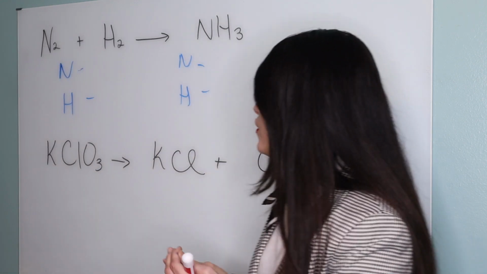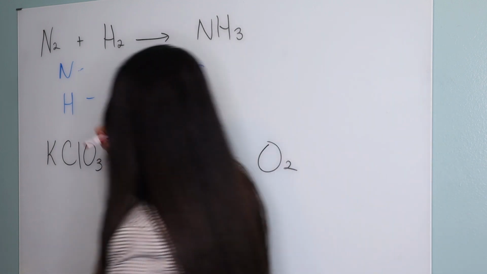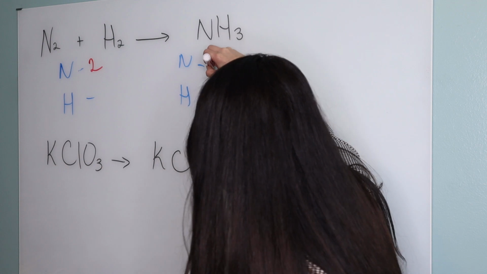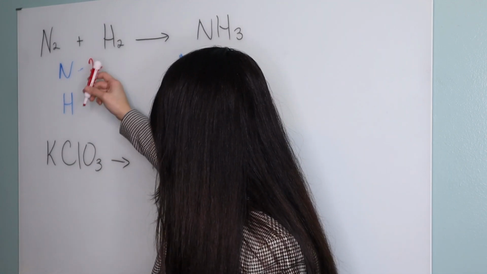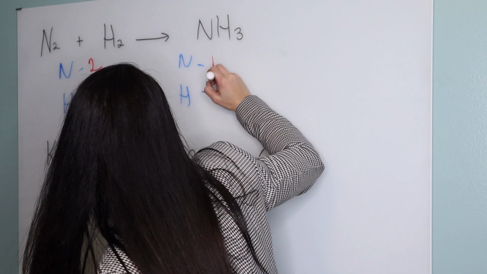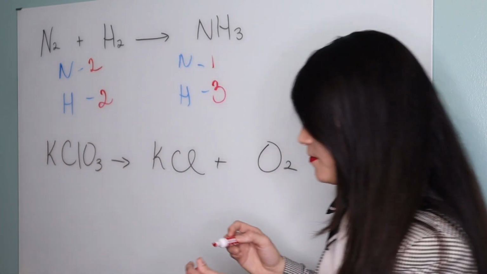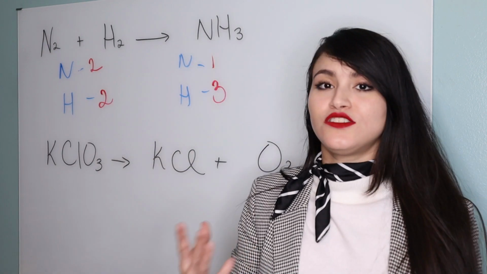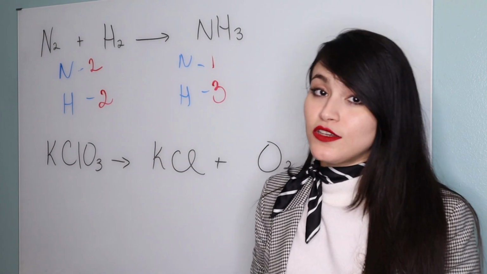Alright, so on the reactant side, I have 2 nitrogens, and on the product side, I just have 1. On the reactant side, I have 2 hydrogens, and on the product side, I have 3. So we have 2 versus 1. You ask yourself, 1 times what is going to equal 2?